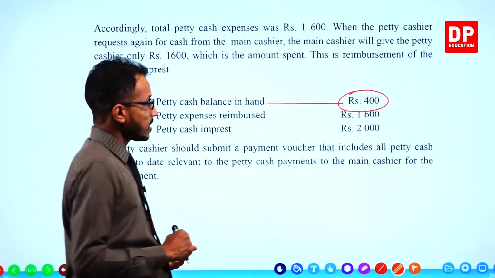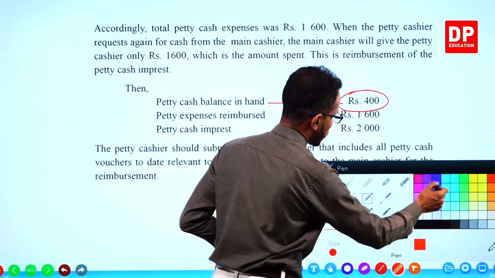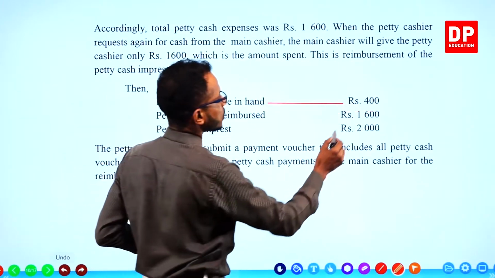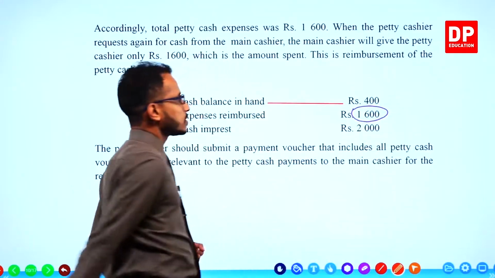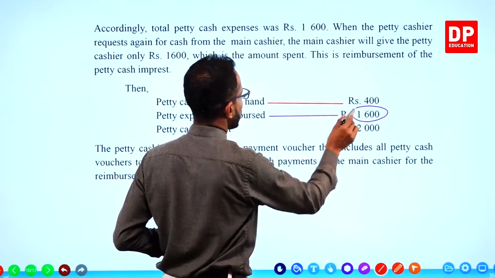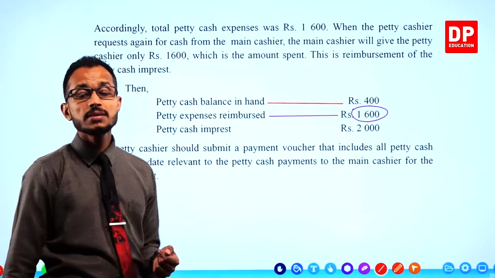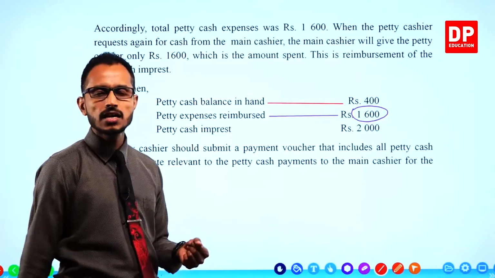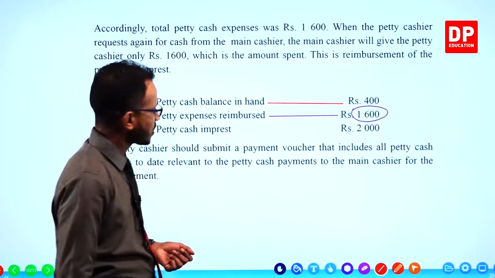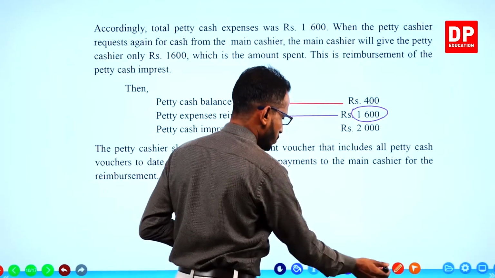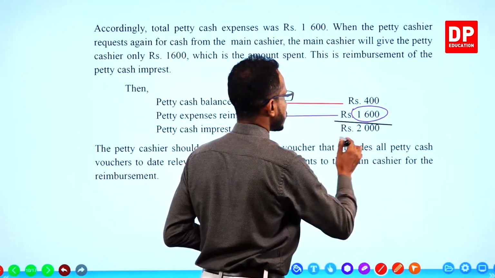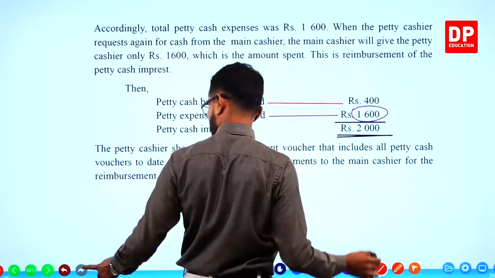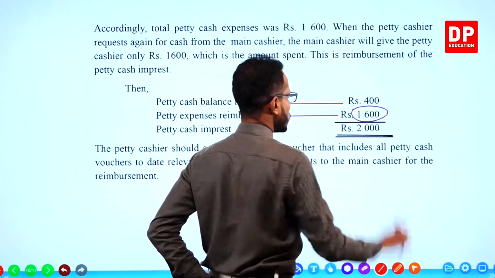So what is the reimbursement? Reimbursement is the same amount which was spent. This is the petty cash reimbursement. Reimbursed, in past tense. Again, the petty cash imprest comes up to the original imprest amount, which is 2,000.